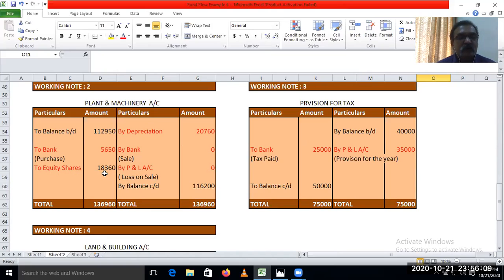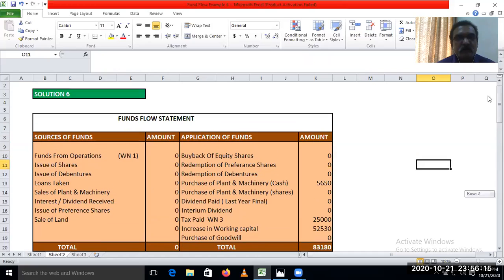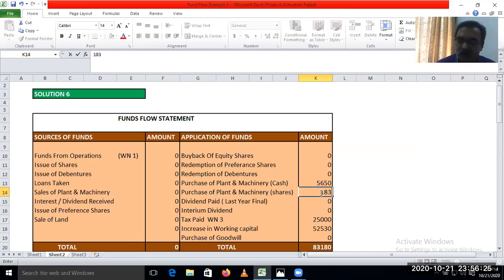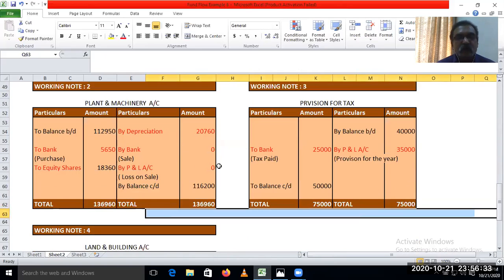So this is purchase of new machinery, 18,360 by way of shares. So in the fund flow statement on application side, you can check purchase of plant and machinery, I have written it in bracket, that is 18,360. So this account is over.